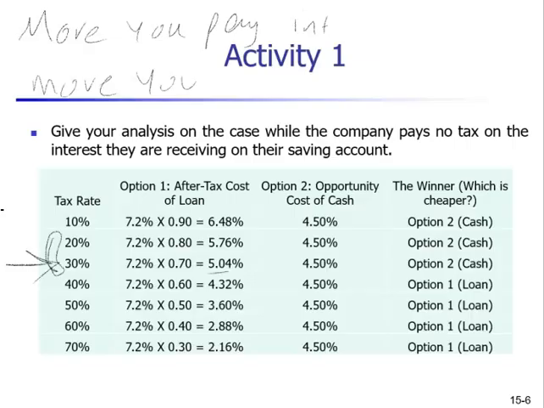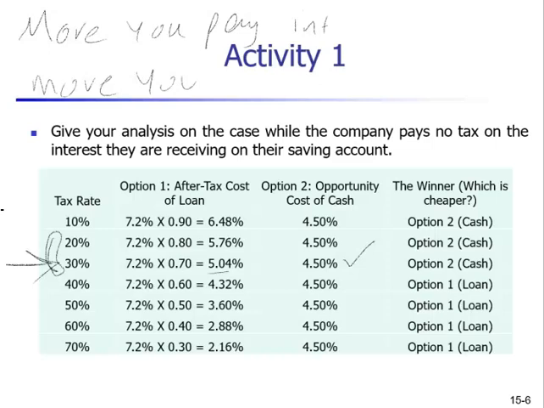So it would be better just pay it out of pocket. So it gives you a point. It is not always let's go for getting the loan because it saves us money when you have the money.